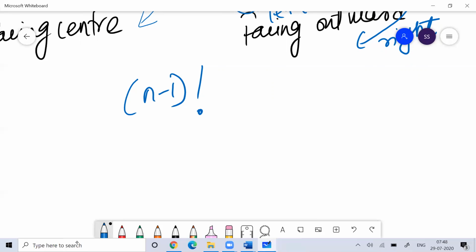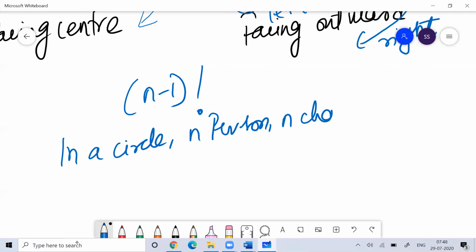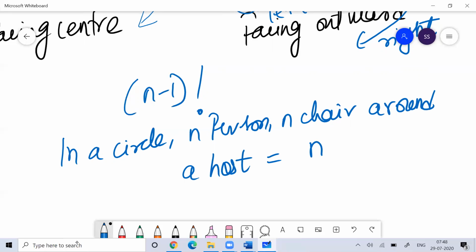The thing to remember always: n persons and n chairs around a host is n factorial, because if the host is sitting, you can define the places of the other persons with respect to the host.